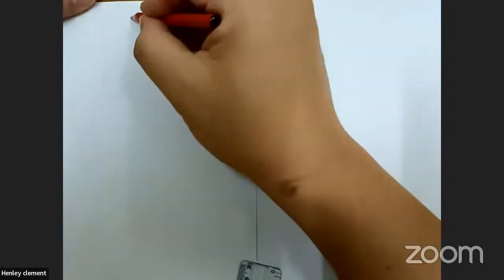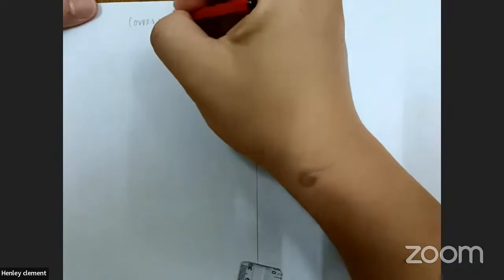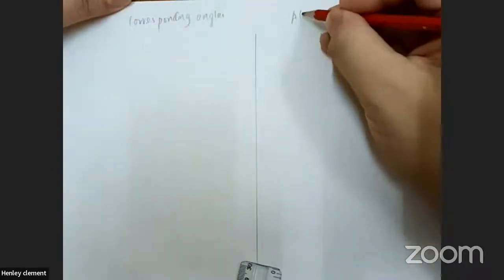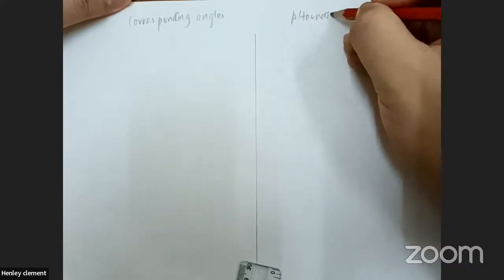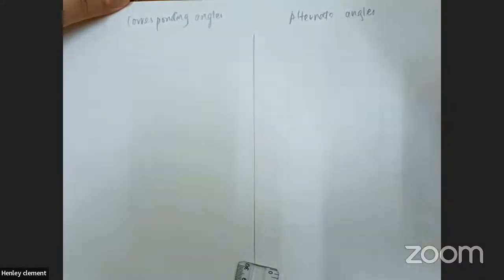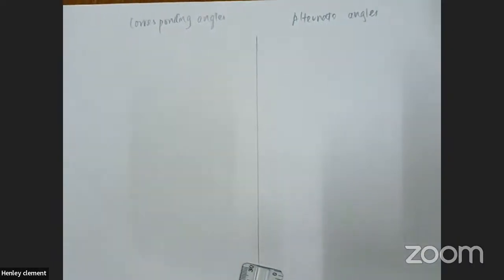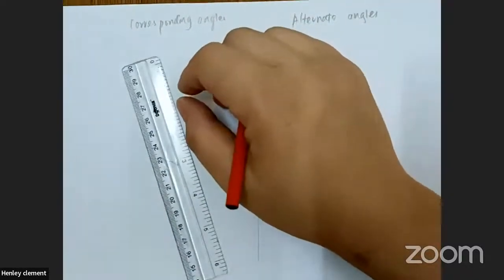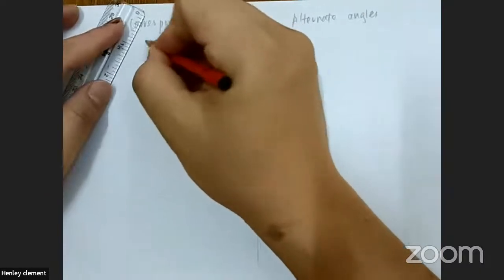One side is called the corresponding angle, and the other side is called the alternate angles. Corresponding means on the same side. Same side. Okay, so this is the F angle.